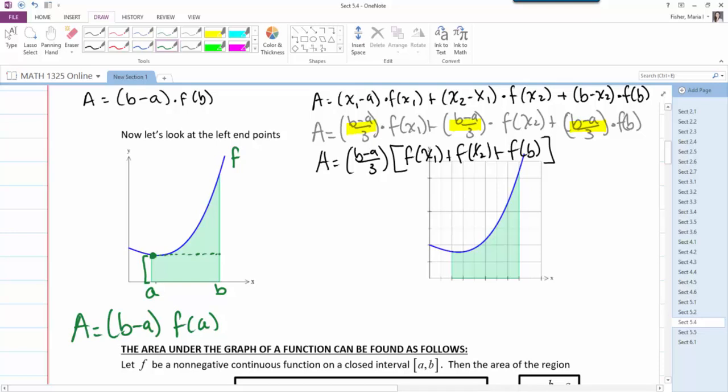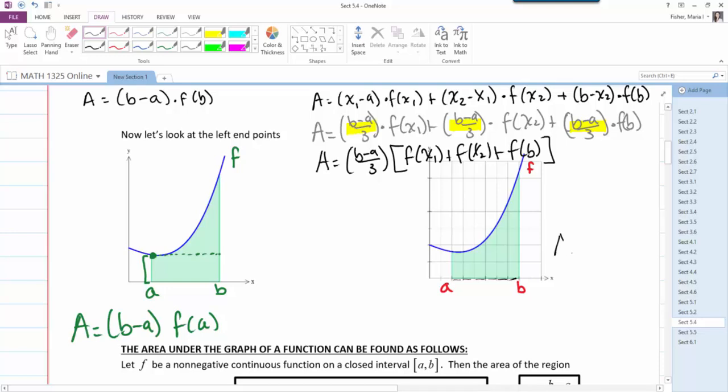Well, what about this one over here, this curve? Again, this is f, and we're looking from a to b. Notice what I did for this one is add in more rectangles. So now I have 1, 2, 3, 4, 5, 6.